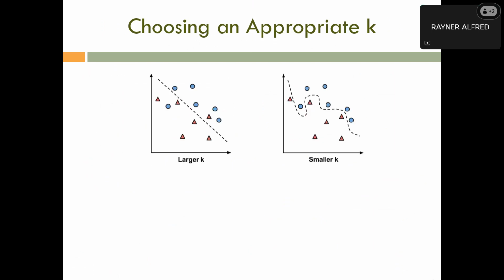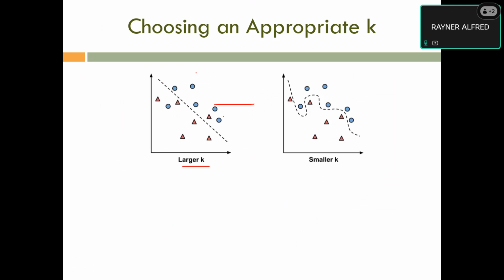Okay, this is what I mean by larger K. If we have larger K, that means your line tends to be straight. When it tends to be straight, your training session will have low accuracy, but when it comes to the actual testing, your accuracy will be high.